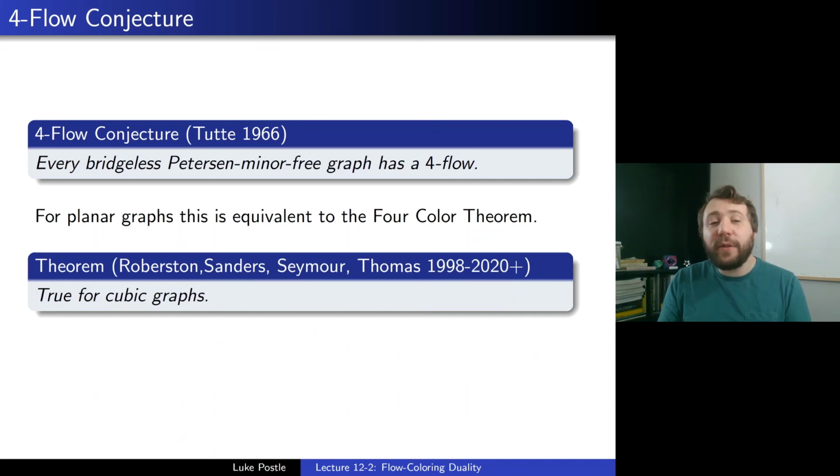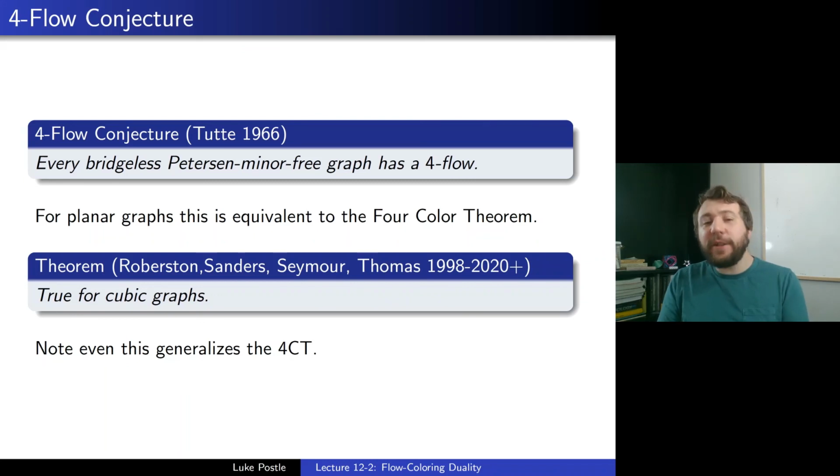What else is known? Well, Robertson, Sanders, Seymour, and Thomas in '98, announced in '98, and I think still being published to this day, prove that it's true for cubic graphs. So that's quite nice. Why is that nice? Well, even for cubic graphs, it generalizes the 4-color theorem. Why?